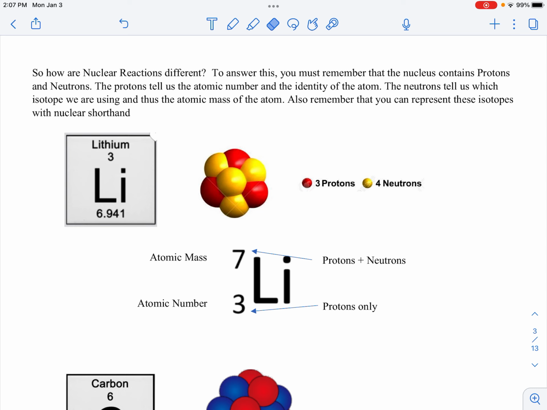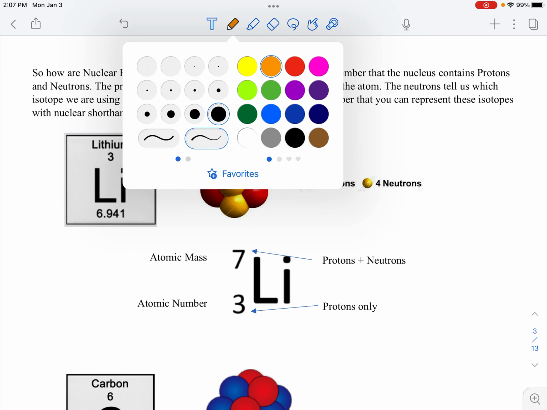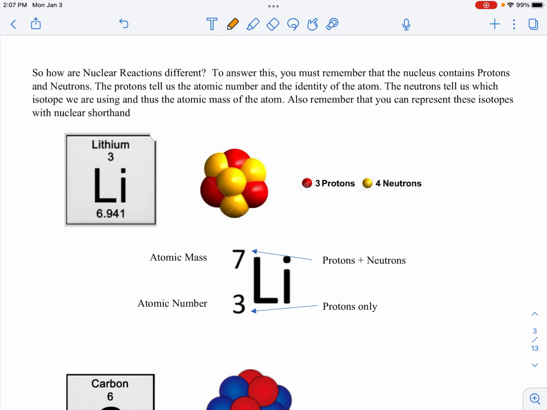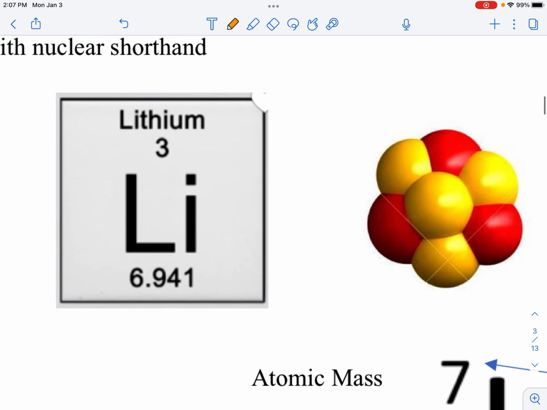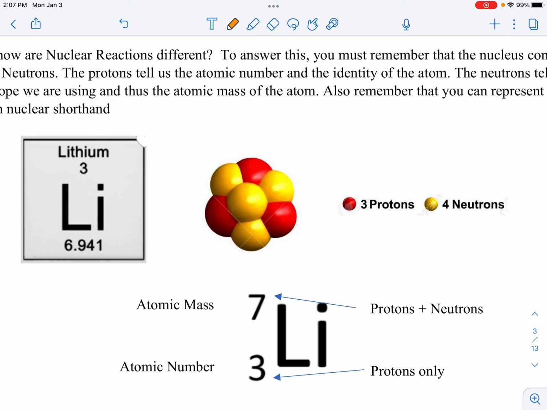What's important for you to recognize in this first-year class is our nuclear way of representing these different elements. For example, here's lithium with 3, and then 6.941 as its average isotopic mass.